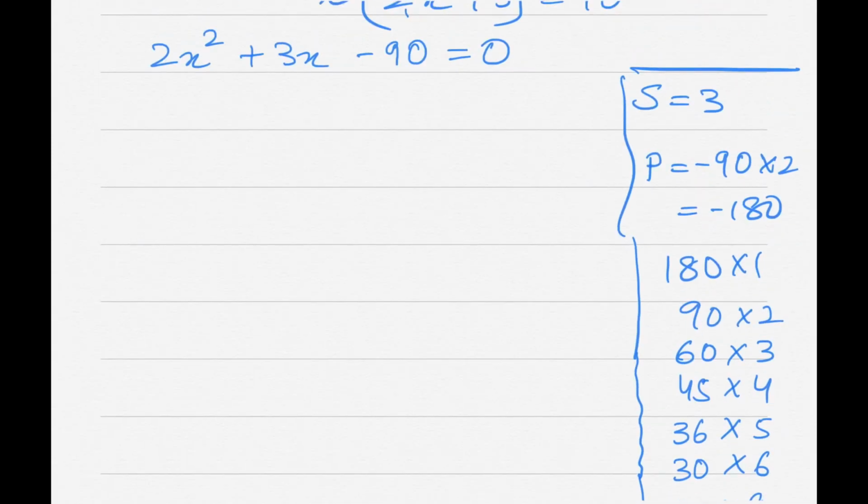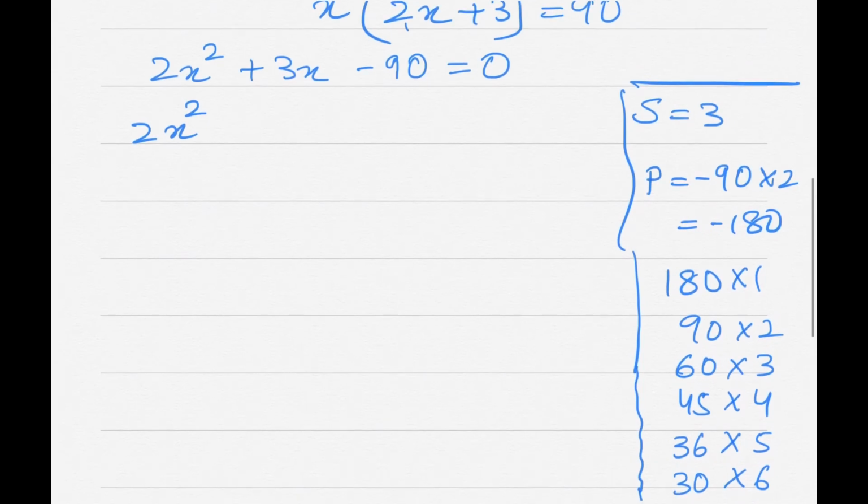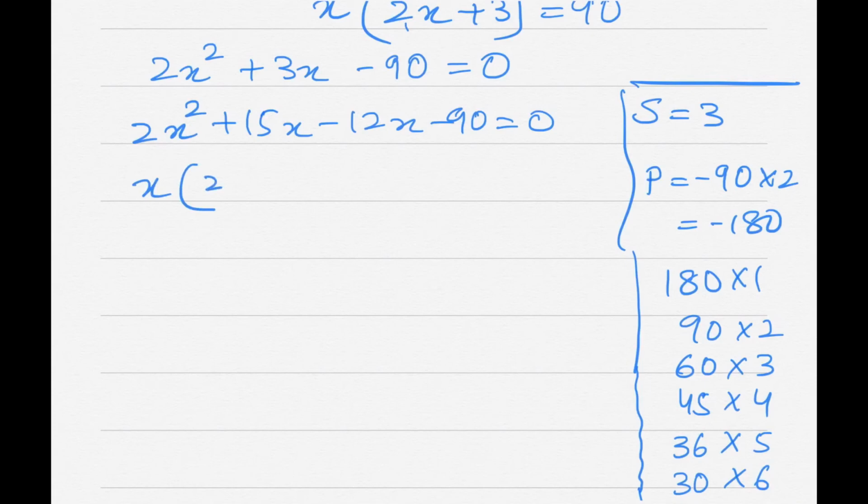Okay, let's go ahead. So split the middle term. So 2x square plus 15x minus 12x minus 90 is equal to 0. Now let's take common. Here x is common: x into (2x plus 15), and minus, 6 is common, so minus 6 into (2x plus 15) is equal to 0.